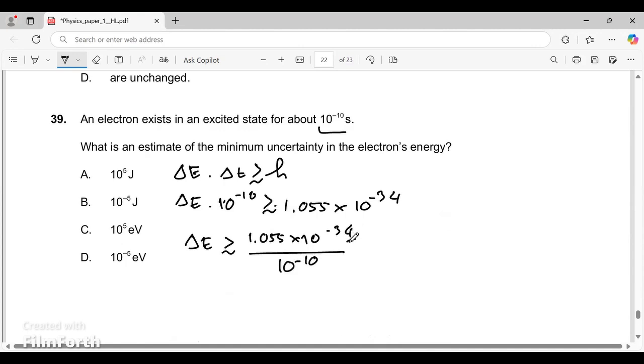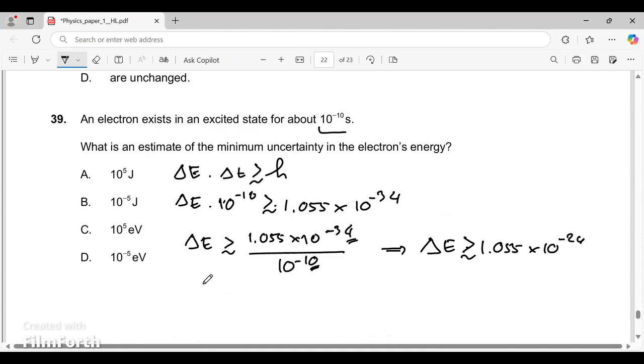So pay attention, this number becomes minus. So delta E is greater than or equal to 1.055 times 10 to the power minus 24. Okay.